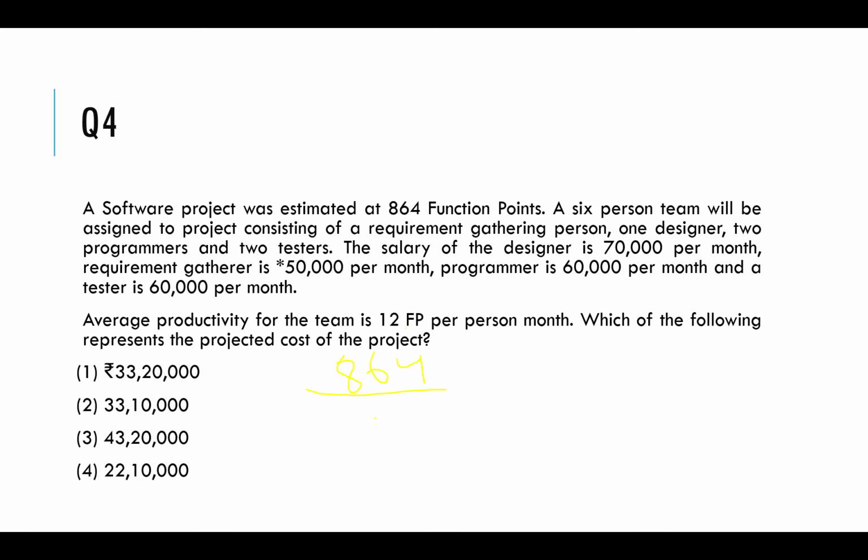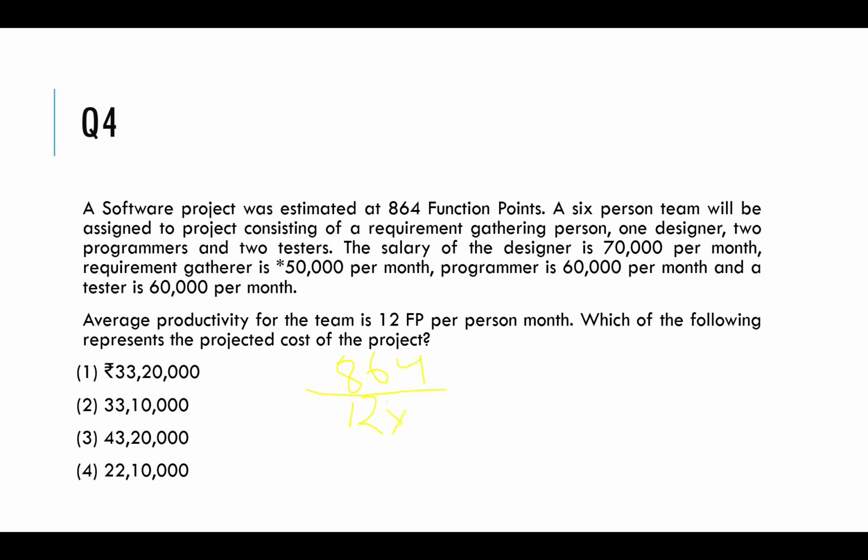So first we have to calculate how many function points can be implemented in a single month, and the total months required to find the cost of the total project, given the salary per month. So 12 function points can be covered by one person in a month.